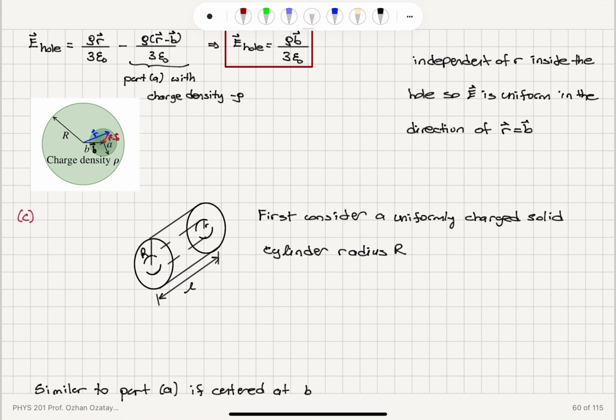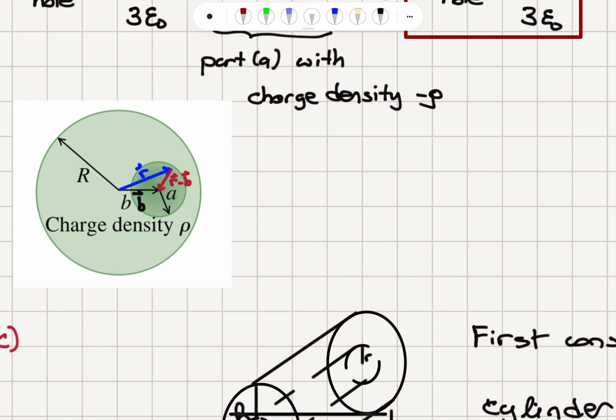So it's found by subtracting the contribution from a solid sphere of radius a centered at b from the full uniformly charged sphere. Okay, so we have once again the relationship here.